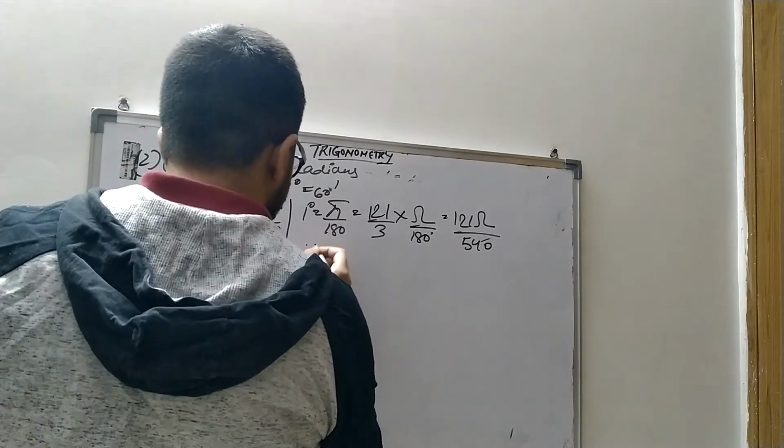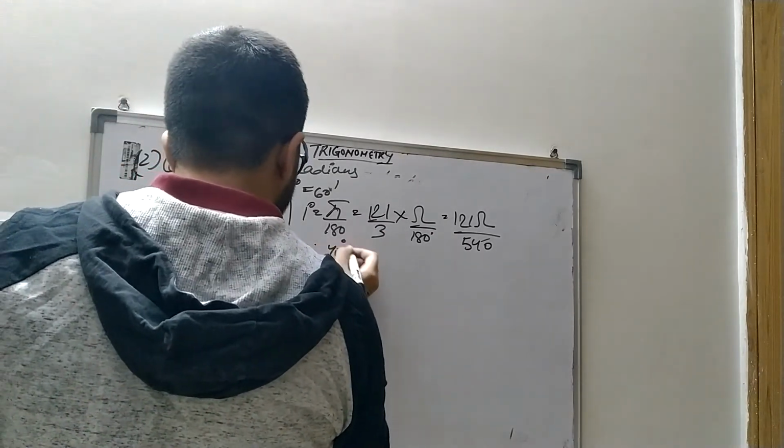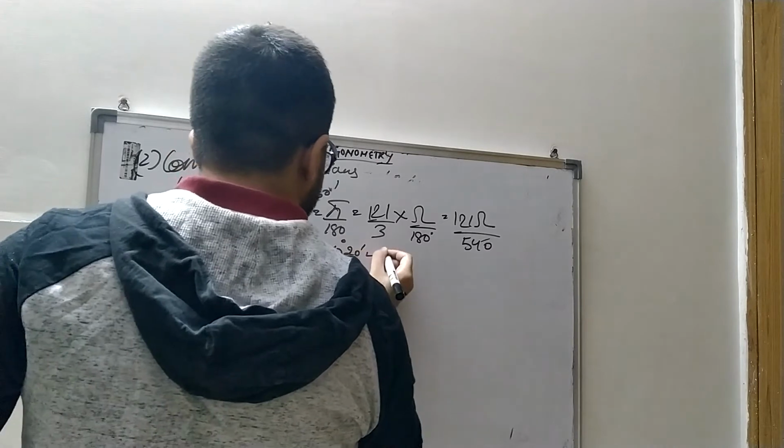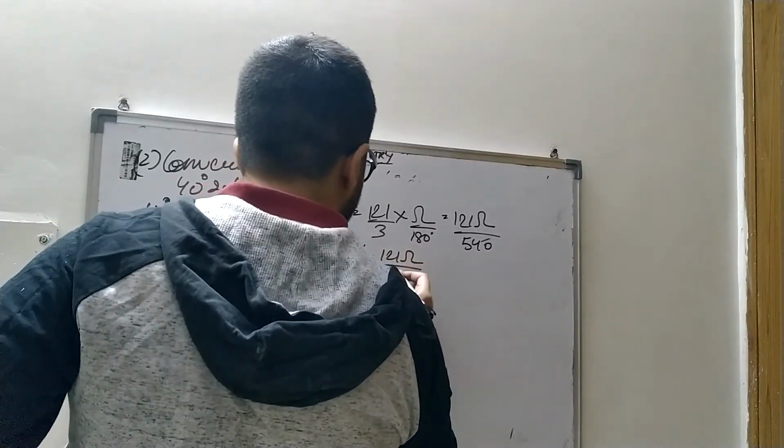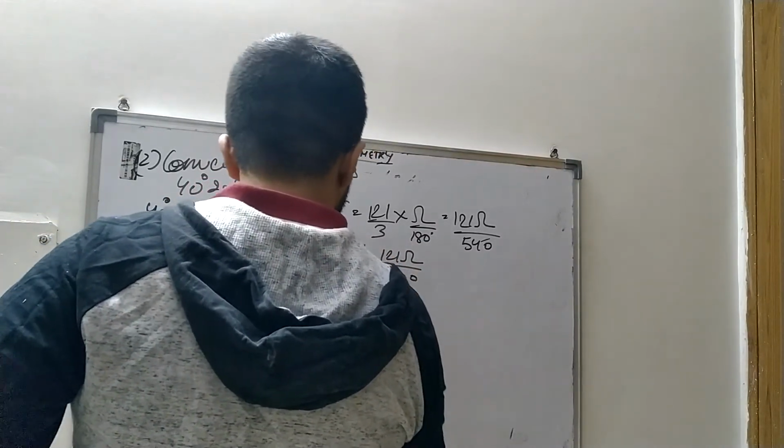So for 40 degree 20 minutes, 121 pi upon 540 is the answer.